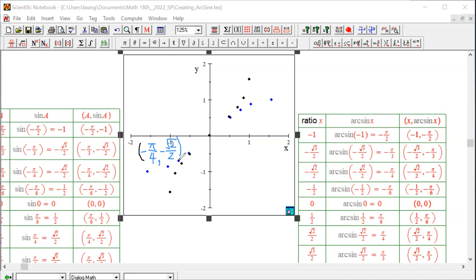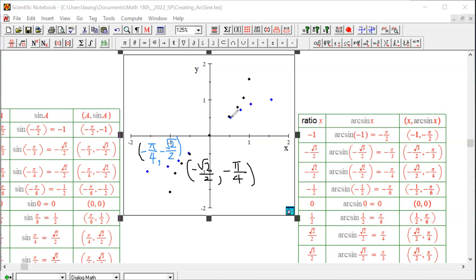That's for this blue point. And the black one on this side is negative root 2 over 2, and this is going to be negative pi over 4. That's the output for arcsine. You see the visual clearly now.